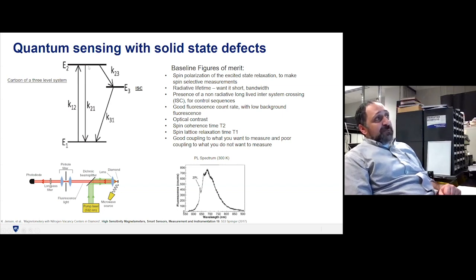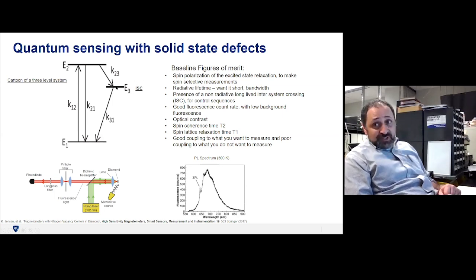Because you pump it up here, and depending on its spin, it'll decay there and change it to this other spin when it comes down here. So that intersystem crossing spin polarizes your artificial atoms for you.